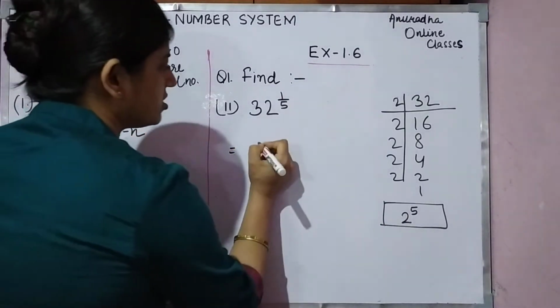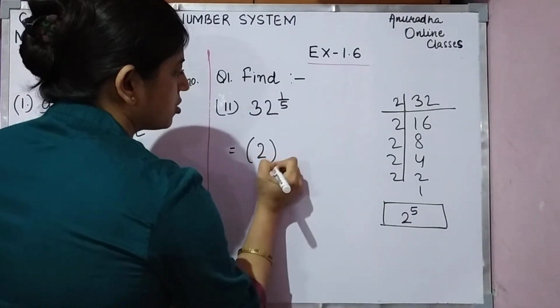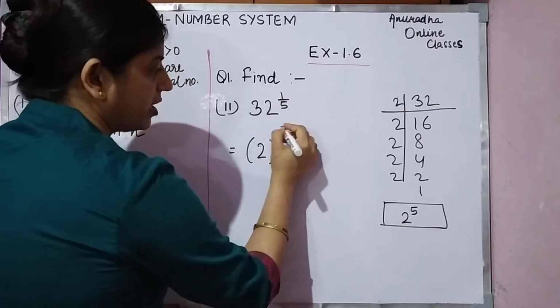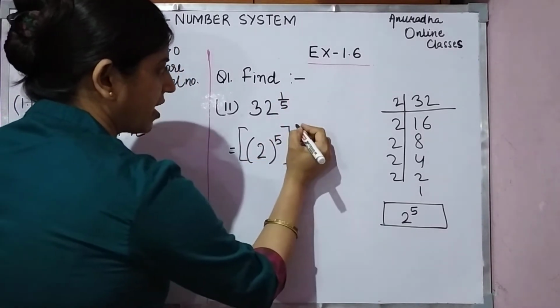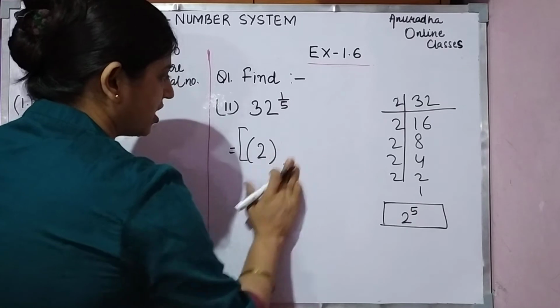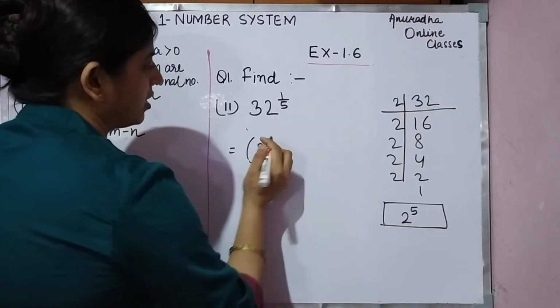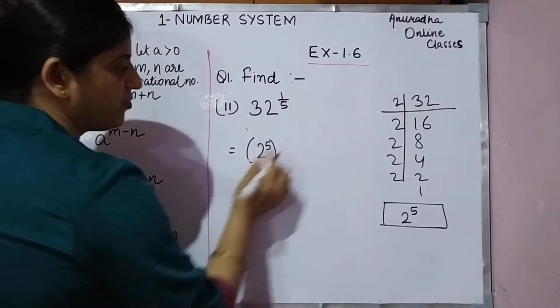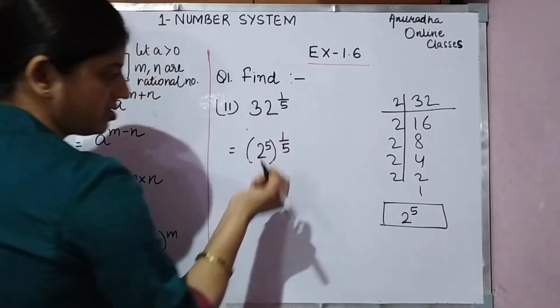So how you will do this? This is 2 to the power 5. अब ये बाहर लिखना है. So we have to use what? Square bracket. और अगर आपको सिंगल ब्रैकेट लिखना है तो you can write it like this also. 2 की power 5, and outside it is this.